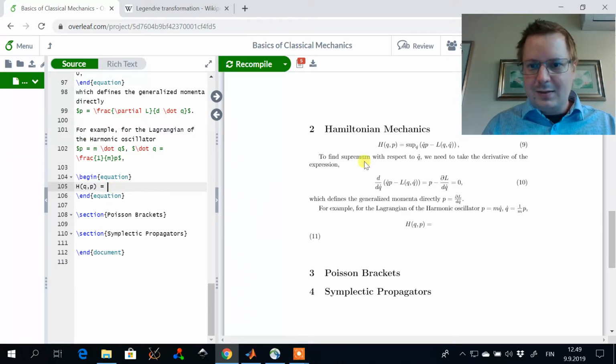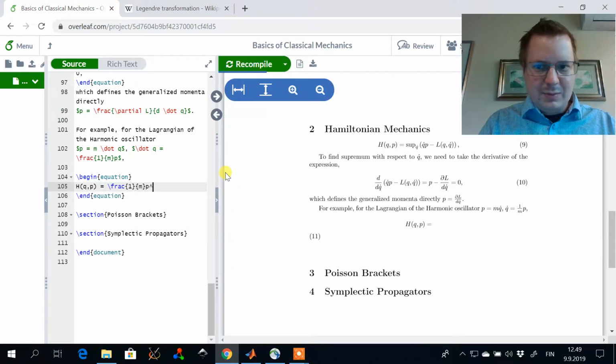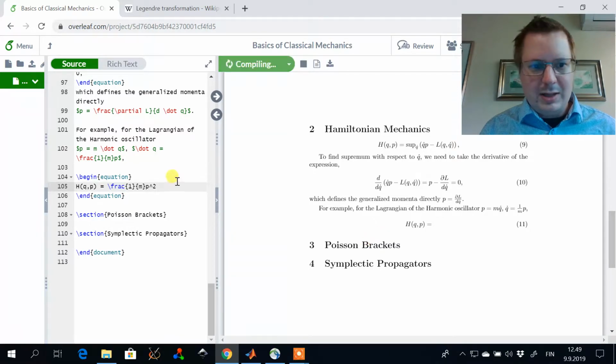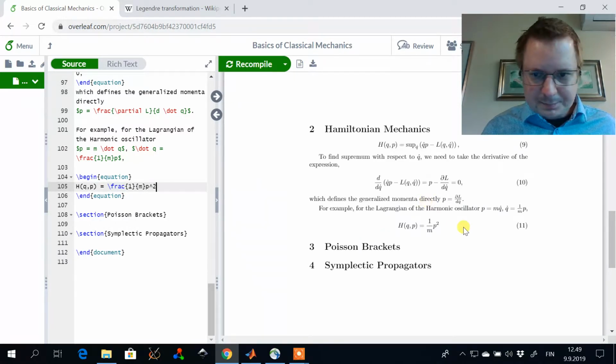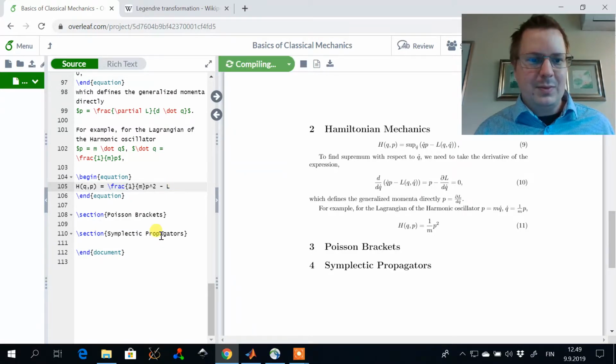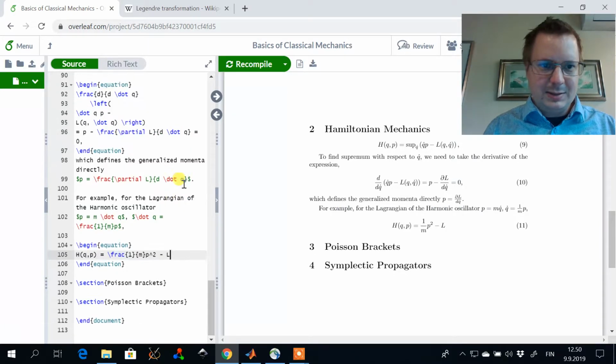So here dot q is 1 over m times p, squared. So now we have written this in terms of momentum, and then minus L, and in the L we also need to write dot q in this way, so I will do that explicitly.